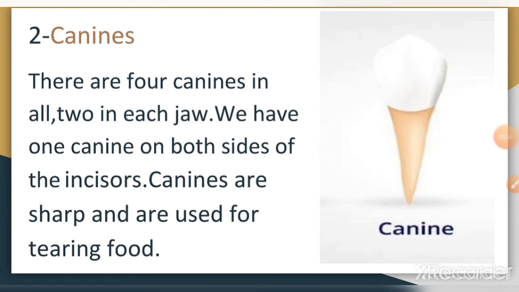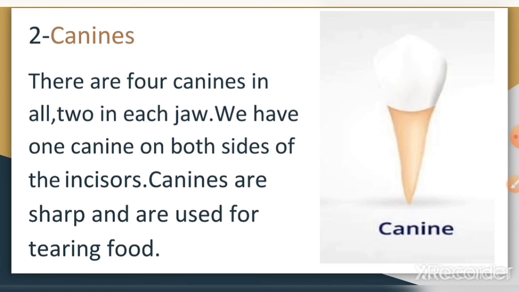Your 4 canine teeth sit next to the incisors. You have 2 canines on the top of your mouth and 2 on the bottom. Canines have a sharp pointed surface for tearing food. The first baby canines come in between the age of 16 months and 20 months.